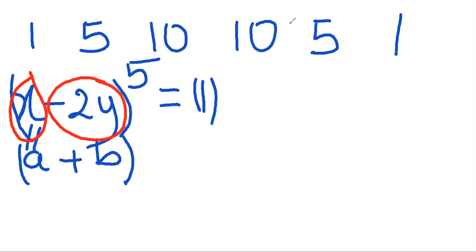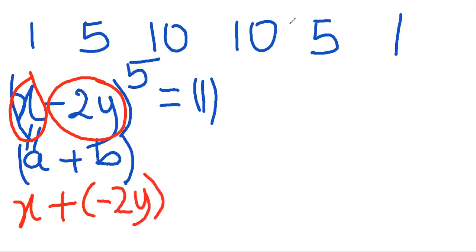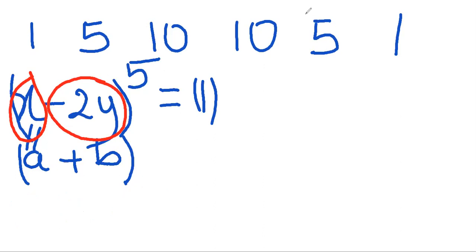It's like saying x plus minus 2y. That's how you split this into that format. So I'm going to take my a as x and my b as minus 2y.